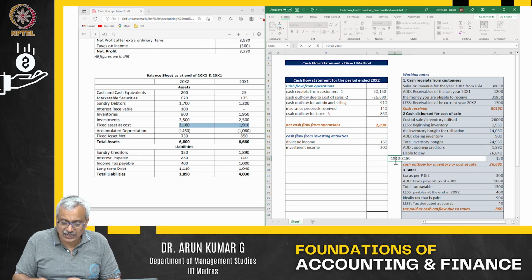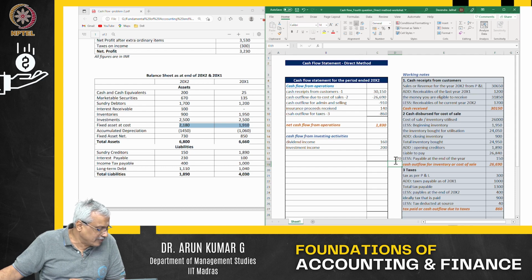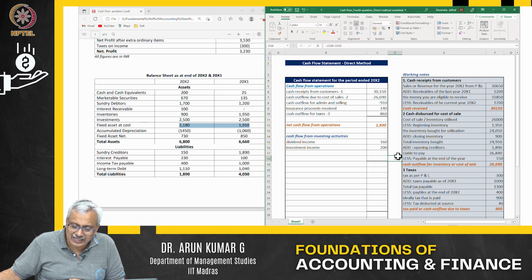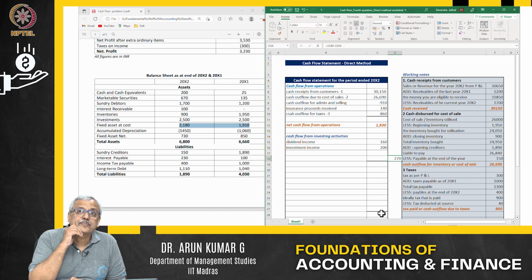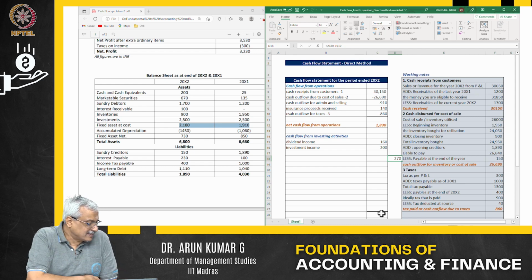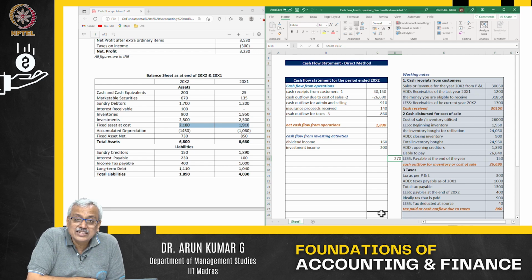Let me do it the other way. 2180 is the current year, 1910 is the last year. The net fixed asset that you have bought is to the extent of about $270.